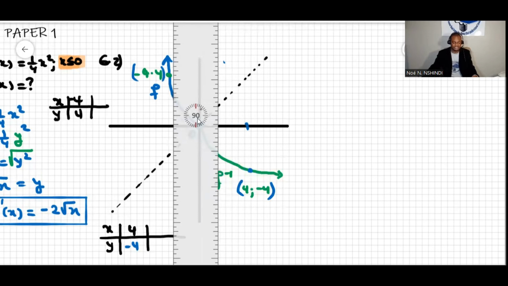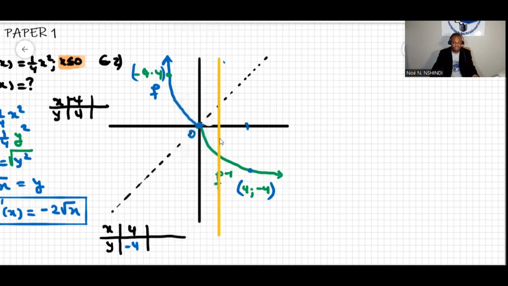This is how we can check whether a graph is a function or not. Because this is a vertical line, if the vertical line can cross this graph at exactly one point, then we say it is a function. If it crosses at more than one place, then it's not a function.